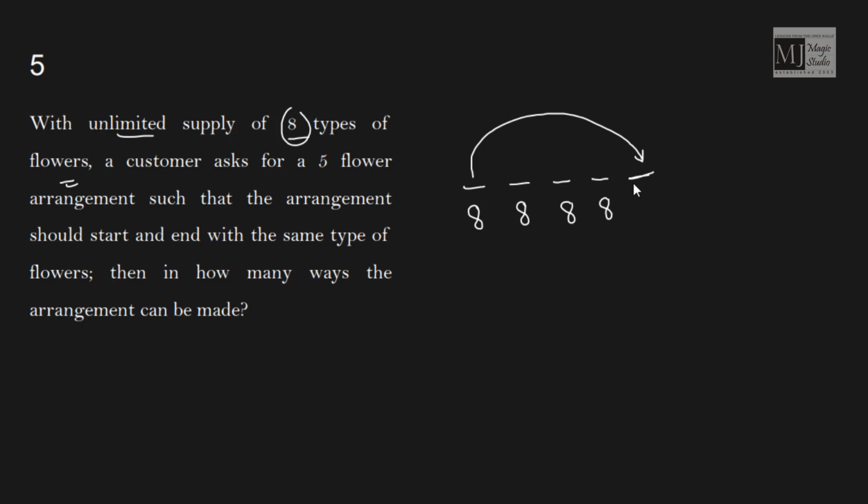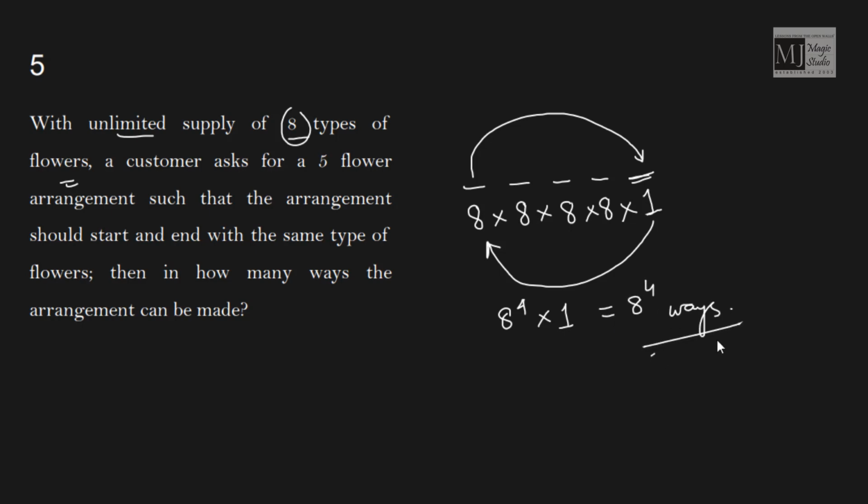But on the last place we can have only one flower placed, which should be the same as the flower placed on the first place. So the job can be done individually in 8, 8, 8, 8, 1 ways, and the connector is our English and mathematical multiplication. In how many ways can the arrangement be done? It is 8 to the power 4 into 1, that is 8 to the power 4 ways.